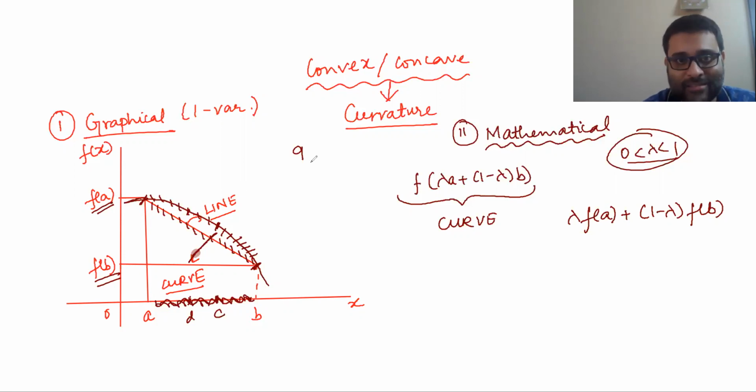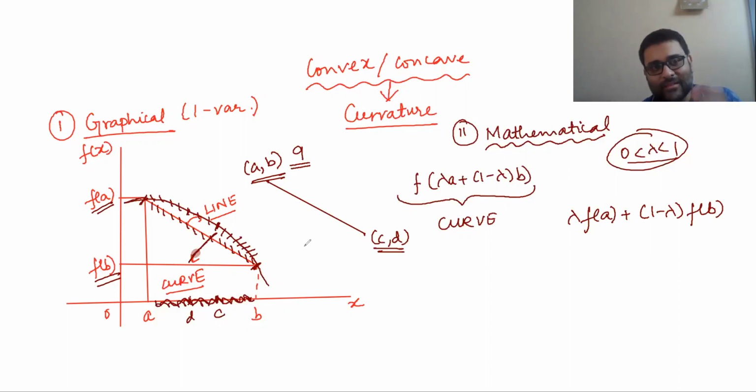If you remember class 9 coordinate geometry, if I have a point A, B, and a point C, D, then all the points between them can be joined by a straight line, and all the points on the straight line will be a weighted average of A, B, and C, D. It's the same thing that we're doing here. Absolutely the same thing.